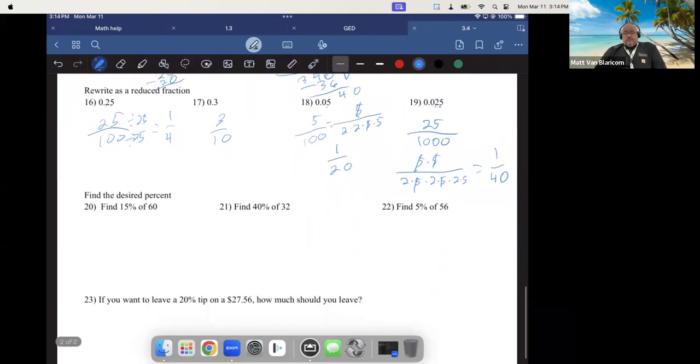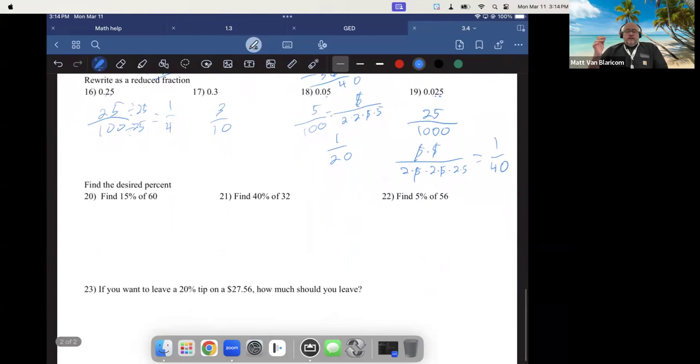Next comes having the ability to use the is over of, as I've explained it. Now on this, I could multiply 60 times 0.15, and I will get there. And if you see it that way, great, go for it. But I can also use the is over of.